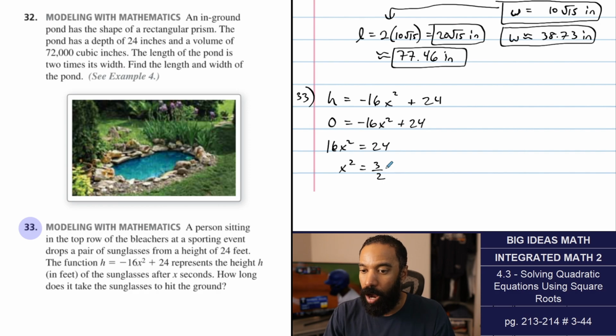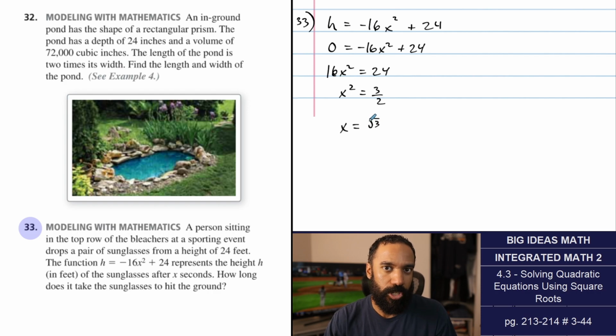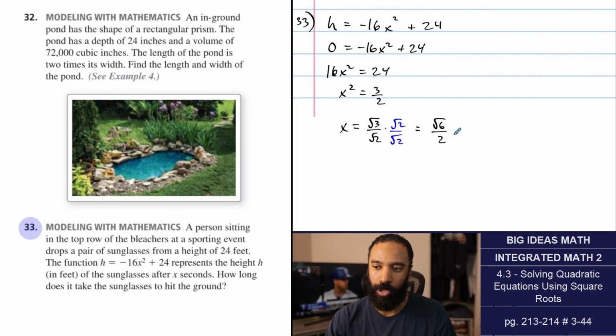Now, we are, of course, going to be taking the square root of both sides, and we will be approximating an answer. But before that, leading up to it, let's have some fun. We get the square root, and there's a plus or minus. I'm going to ignore the negative when it comes to time. So just root 3 over root 2. And I'm going to rationalize the denominator by multiplying by root 2 to get square root of 6 over 2.